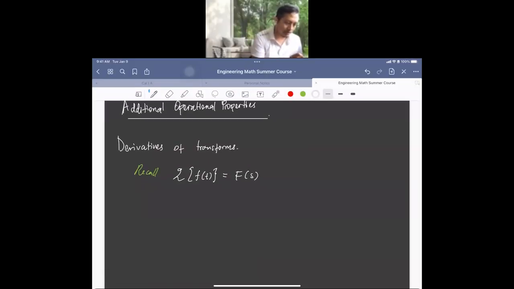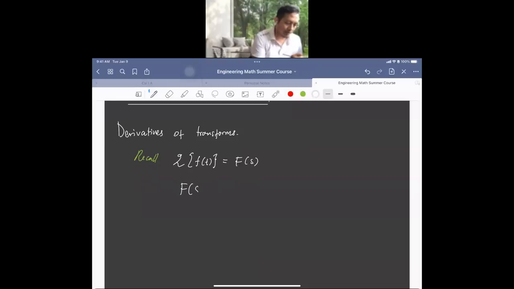Then if we write from the capital F like this and take the derivative d/ds, this will result in, so take the d/ds at the front. The F of s is the Laplace, right?